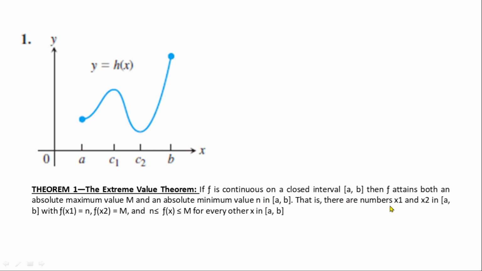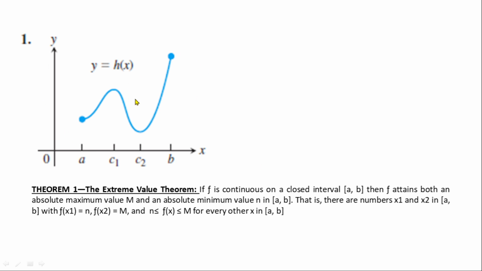That is, there are numbers x1 and x2, points on the x-axis in a to b, with f of x1 equal to n, the absolute minimum at x1, and absolute maximum at x2, meaning that the absolute minimum is less than or equal to f of x, less than or equal to capital M, the absolute maximum, for every other x in a to b.